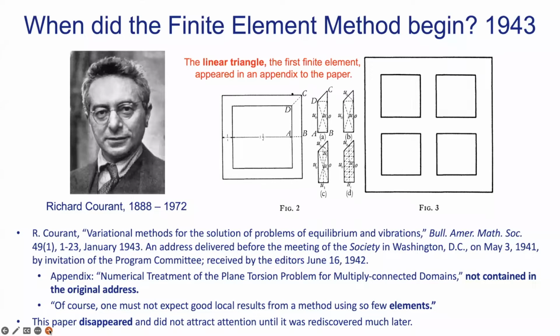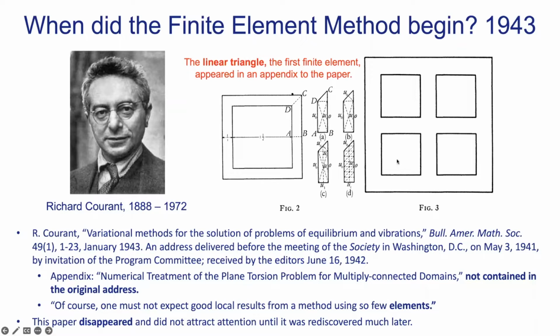And a little over a year later, Courant delivered the paper that corresponded to the talk, but he added an appendix to that paper. And the appendix was titled Numerical Treatment of the Plane Torsion Problem for Multiply Connected Domains. And he mentions this was not contained in the original address.